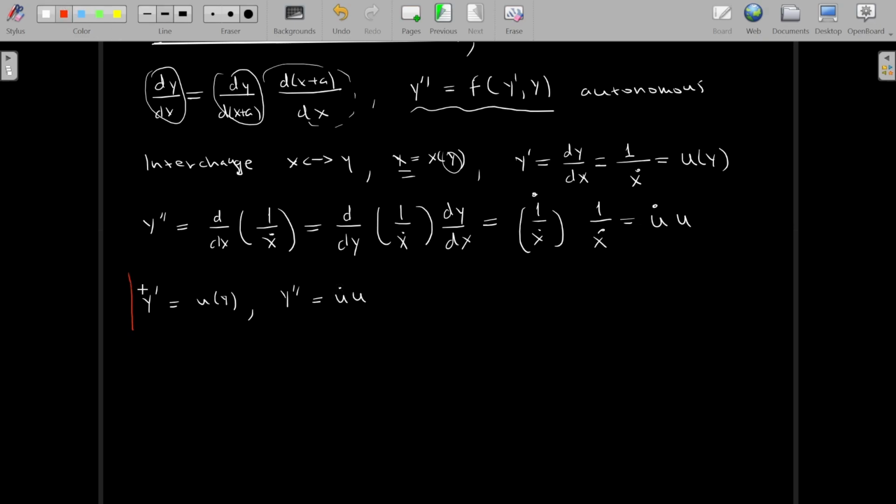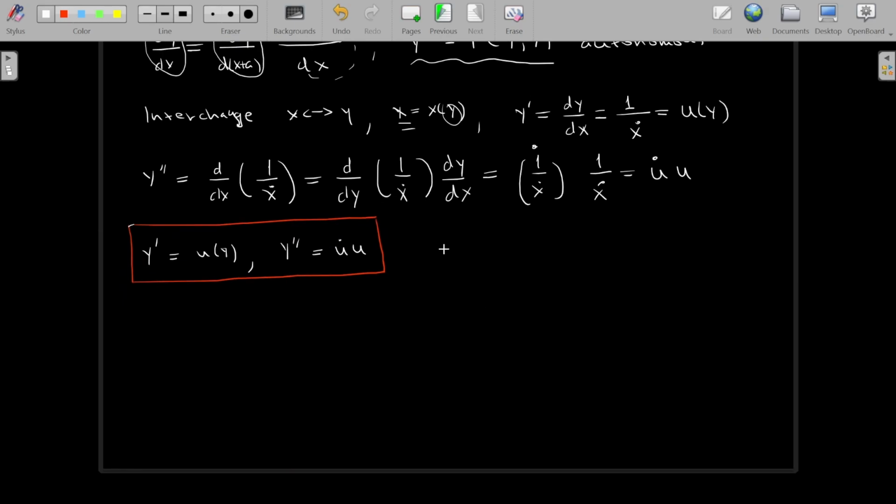So when a differential equation exhibits a shifting symmetry with respect to x, or put differently, if there is a differential equation where x is not there explicitly, then you can immediately use this kind of transformation, right?